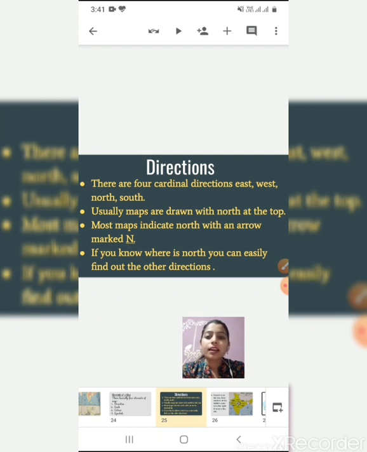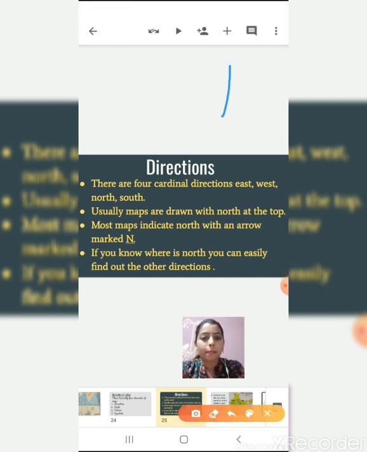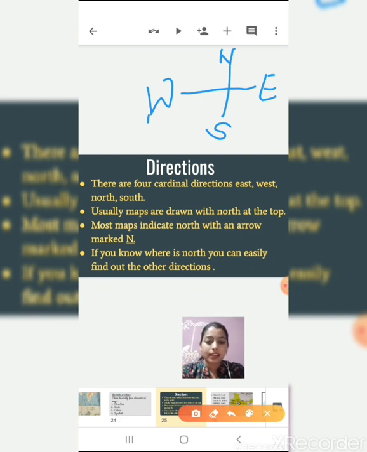There are 4 cardinal directions: east, west, north, south. Yes or no? So how many directions are there? There are 4 directions: east, west, north, south.